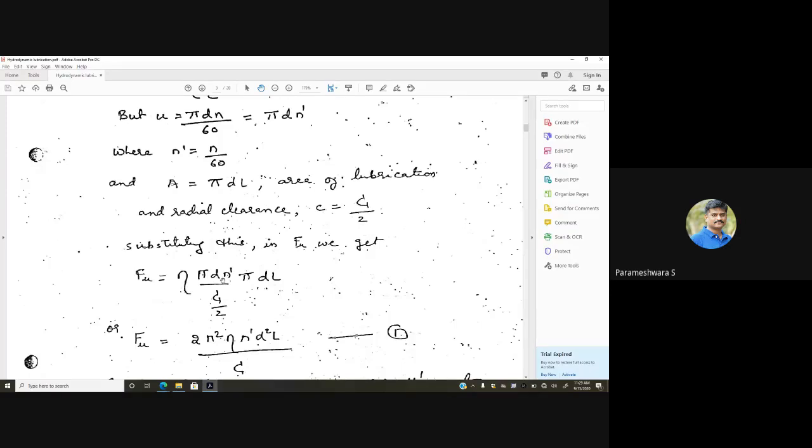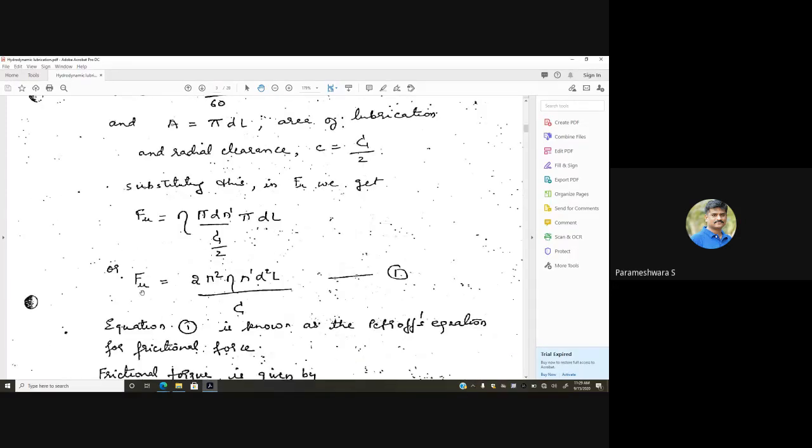Further simplifying the above formula, we get an expression for frictional force, that is F mu is equal to 2 pi square eta n dash D square L over capital C. Call this equation 1, and this equation 1 is known as Petroff's equation for frictional force.